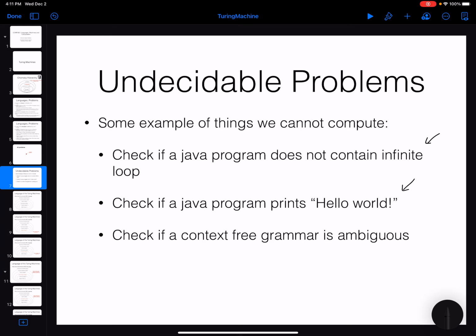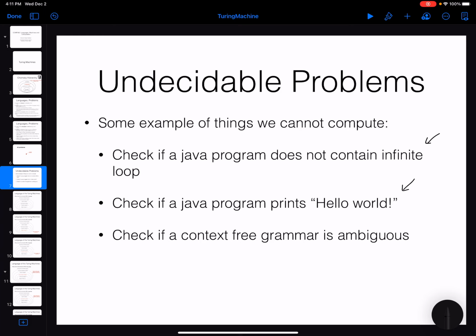This was just the intuition, but if you wanted the formal proof of why this problem is not decidable, chapter 8 of your textbook tries to show you formally why this problem is not decidable and we cannot solve it. So if you wanted a more formal proof, refer to the textbook.